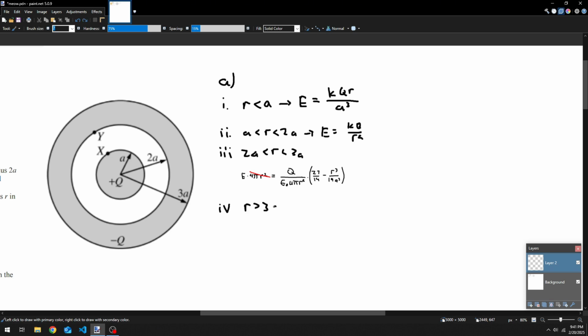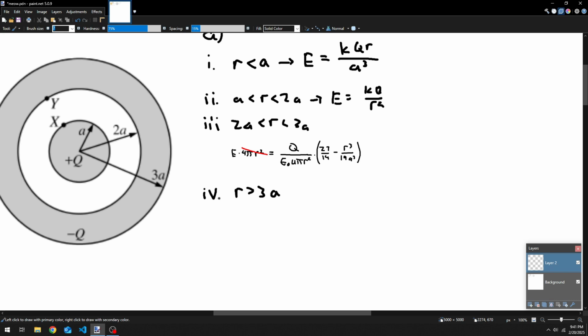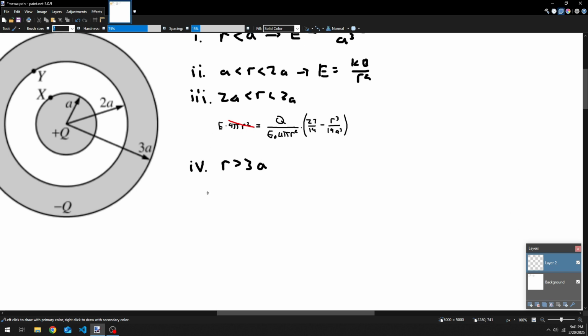Now, just from looking at this, we'll just do it the Gaussian way. So basically, we can write all this stuff over epsilon A equals Q enclosed over epsilon A.